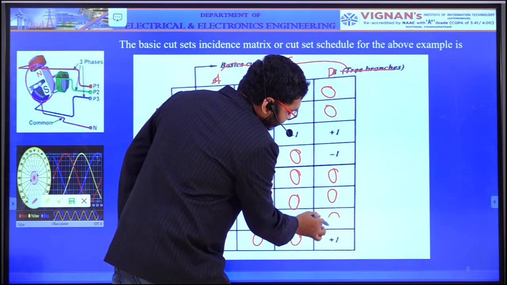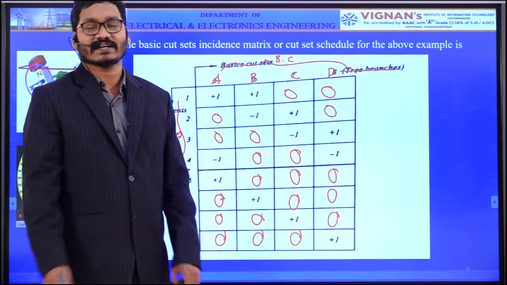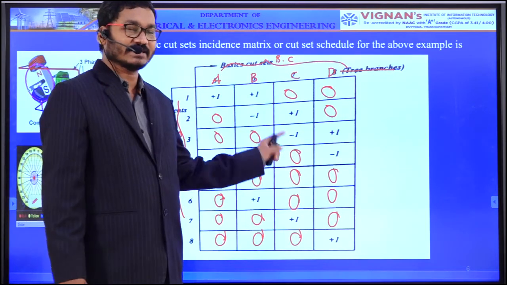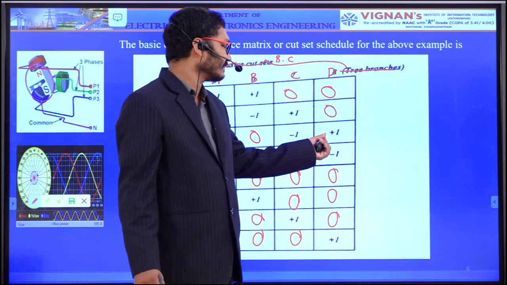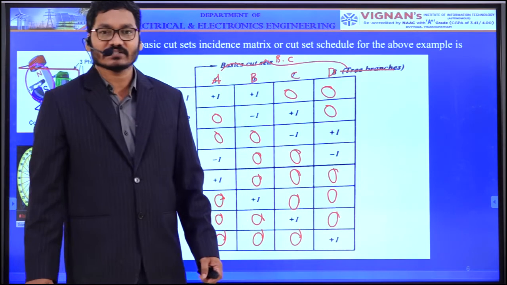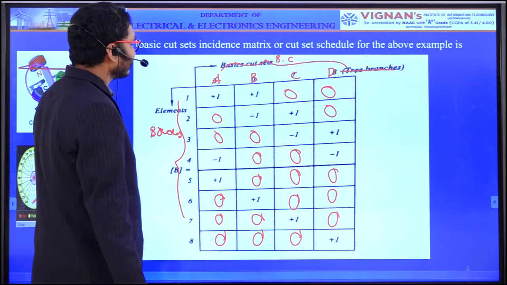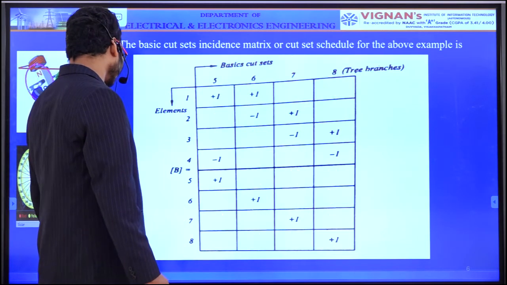If it is coincident, make it plus 1 or minus 1, based on the cut set direction and branch direction. If the branch direction is the same as the cut set direction, you will get plus 1. If not, you will get minus 1. This is related to the basic cut set incidence matrix.